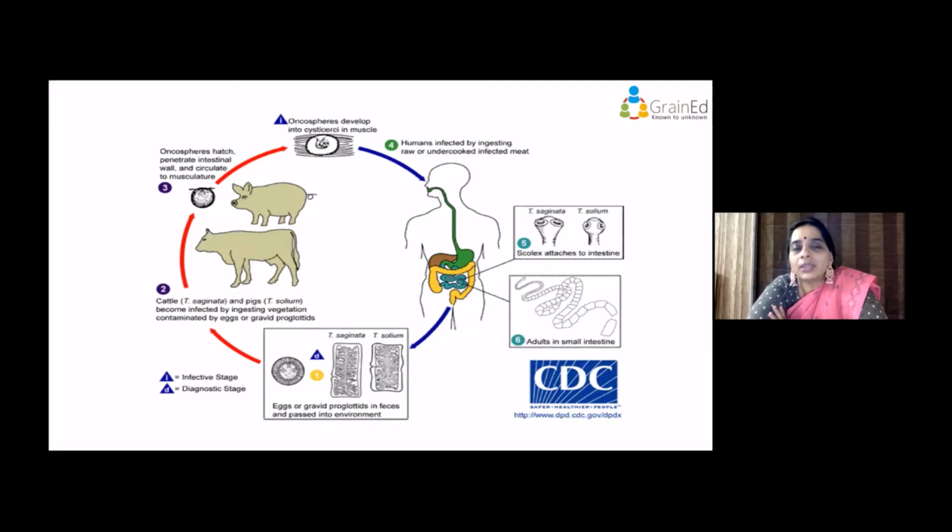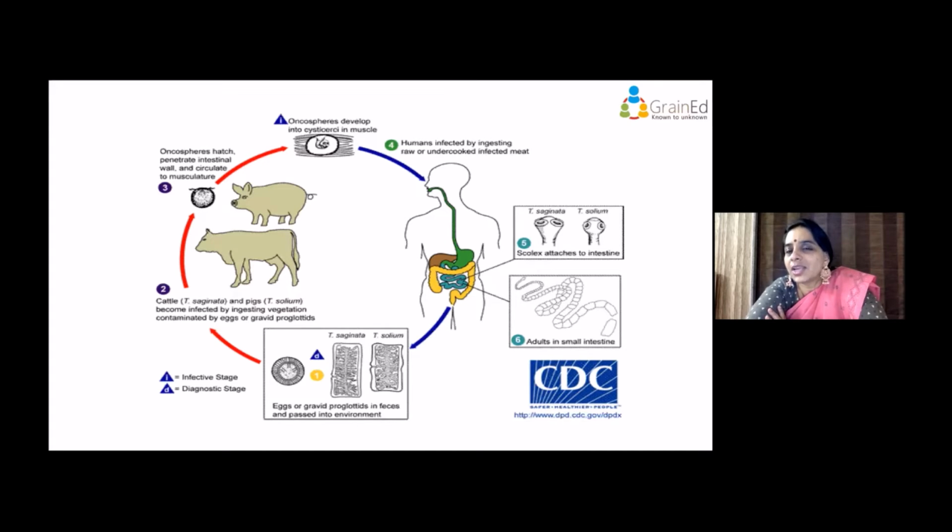And when we are eating the meat, we will be having the muscles, right? If by chance this meat is infested with the larvae of this worm, then we would be ingesting it, and that could get into our system.